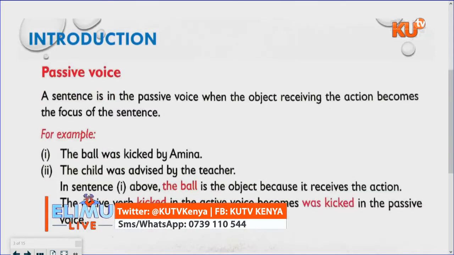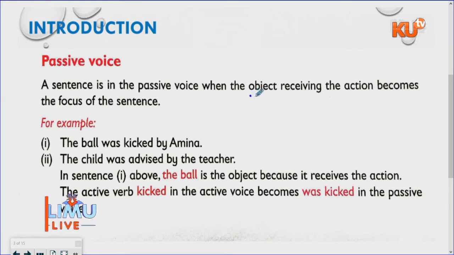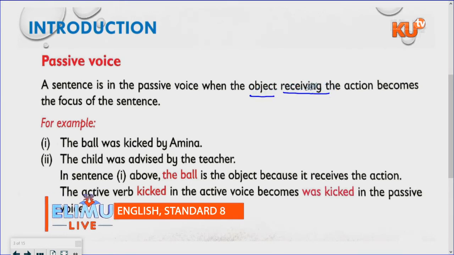A sentence is in the passive voice when the object receiving the action becomes the focus of the sentence. Here I would like to emphasize these two words, object, receiving. So the object is the one that receives the action, and therefore the object becomes the focus of the sentence.